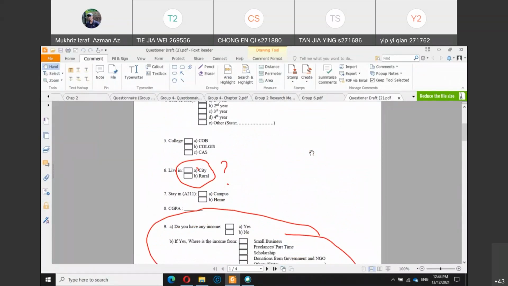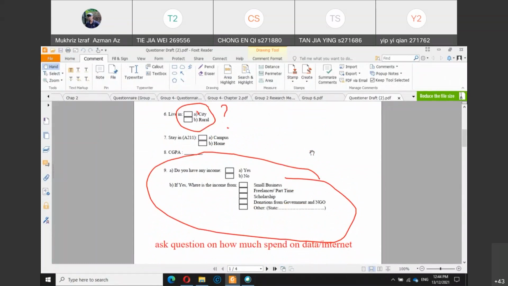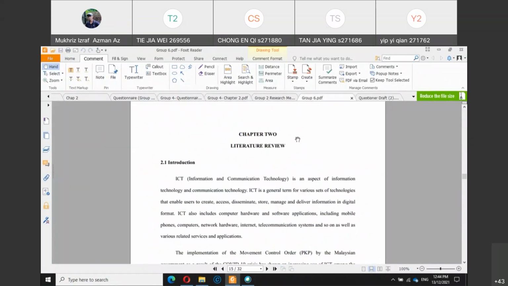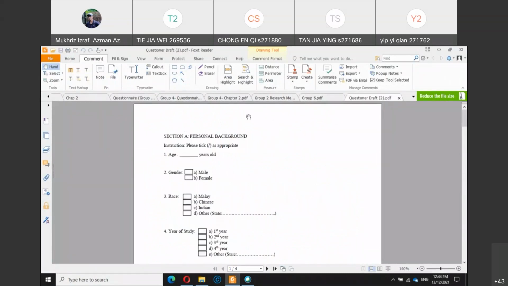Okay, group number 6, do you have any income? Yes, no. Again, this one has no cover page. What topic is this questionnaire about? I don't know what topic this is.